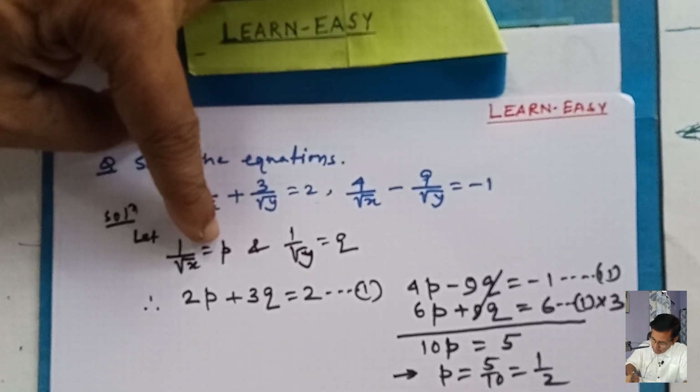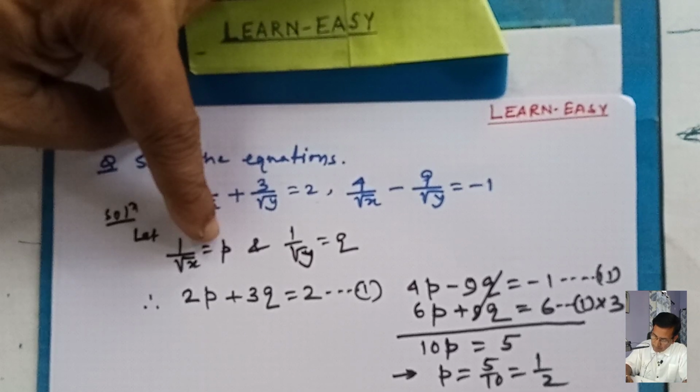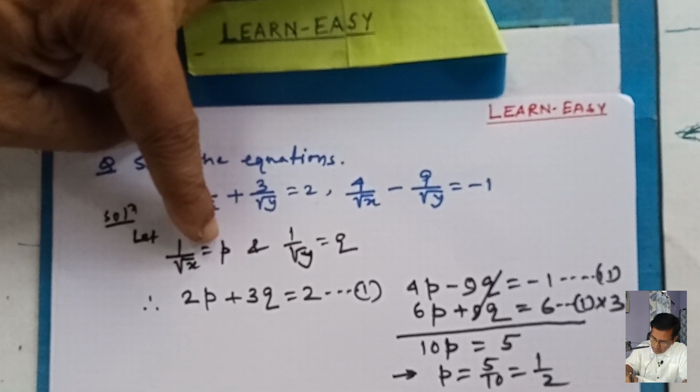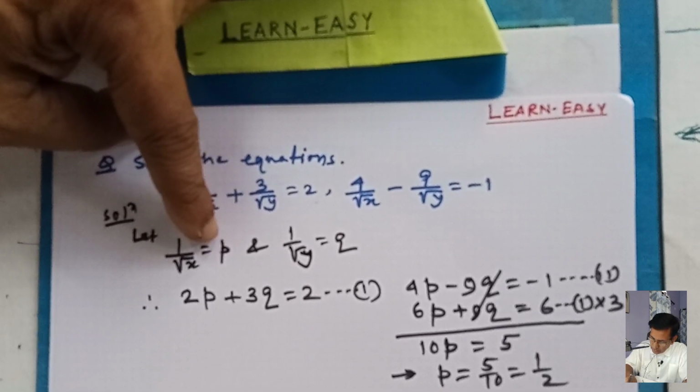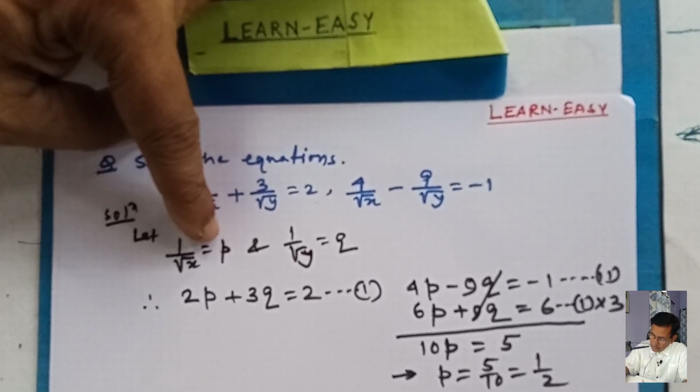Therefore 1 by root x is equal to half, or root x is equal to 2, or x is equal to 4. This is one answer.